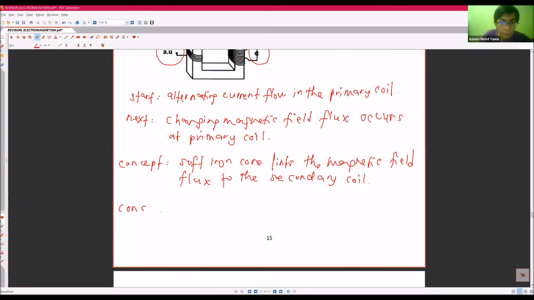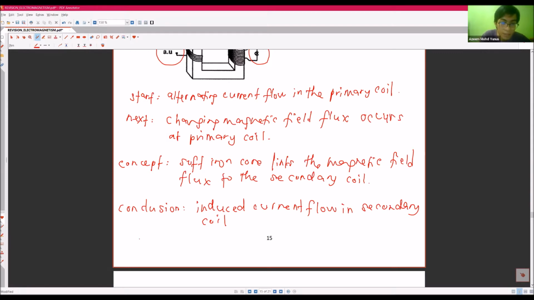Conclusion: induced current flow in the secondary coil. Or we can say that induced EMF produced at secondary coil or induced current flow in the secondary coil.